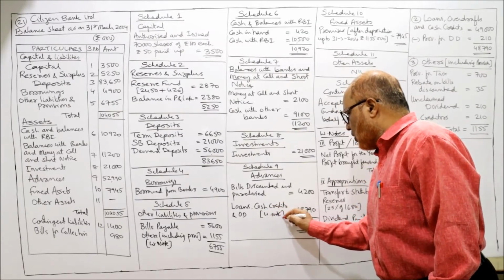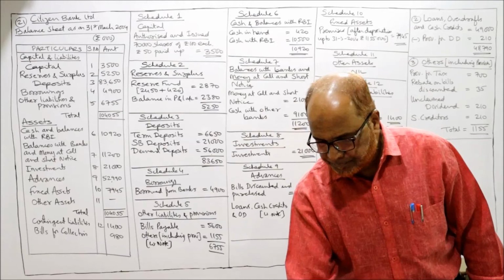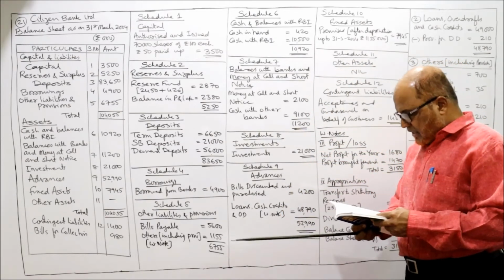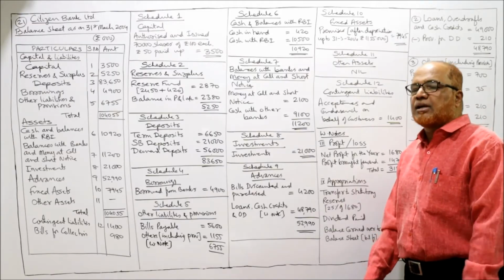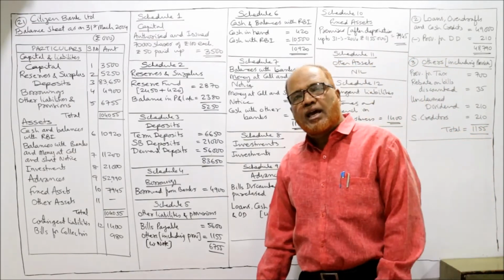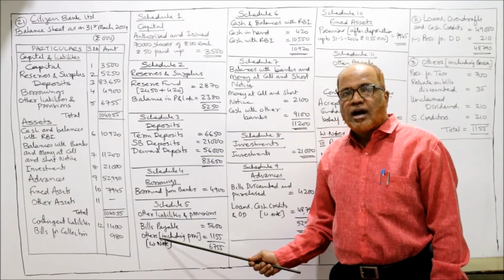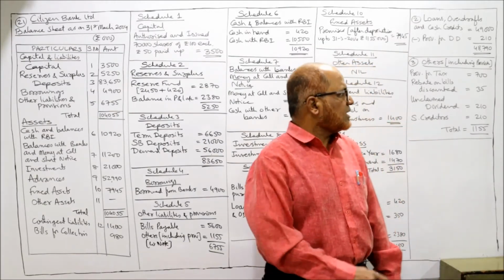In working note, I will tell you how this amount has come. The next one is unclaimed dividend. It will be taken under others including provisions.